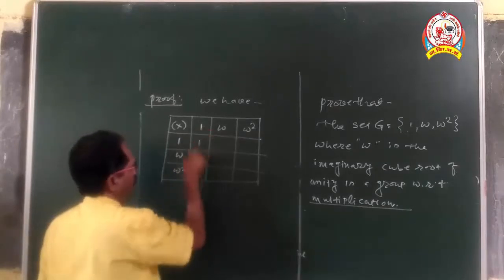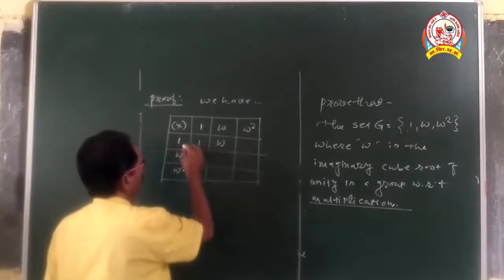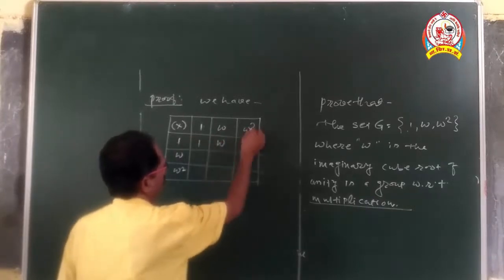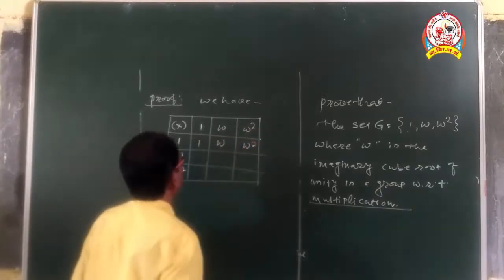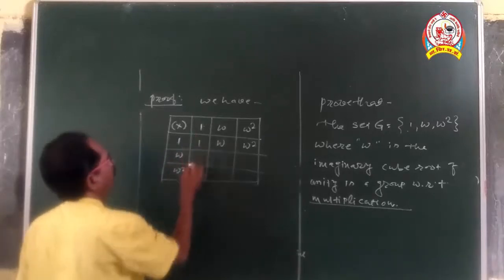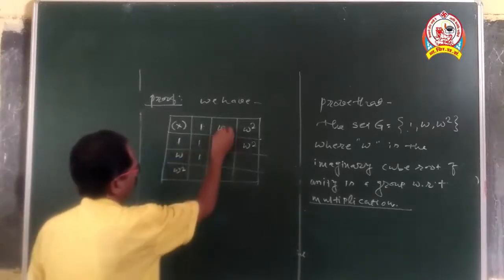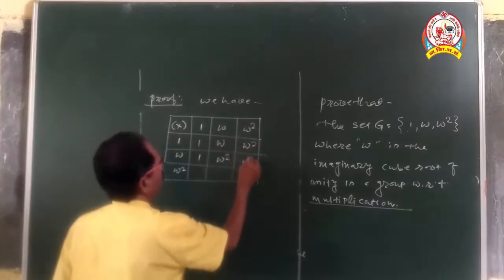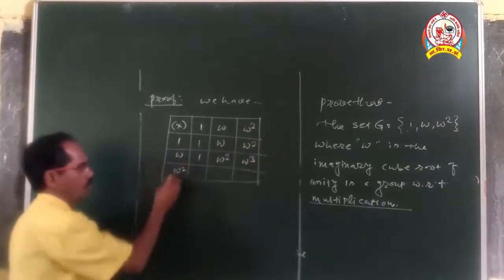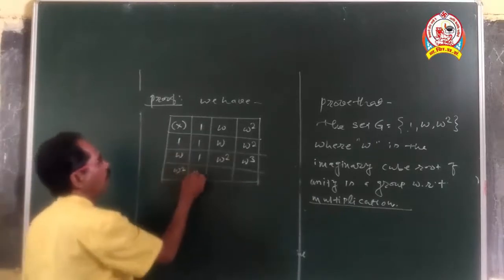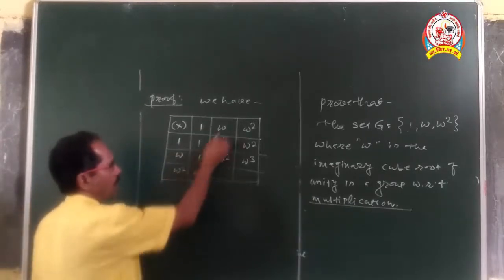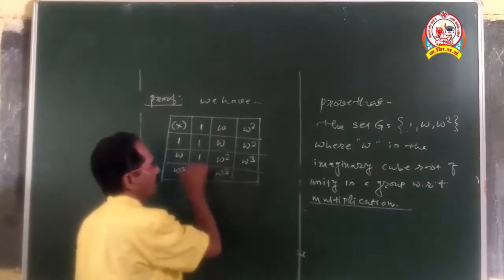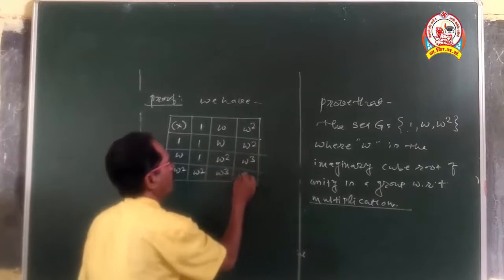So 1 into 1, 1 into omega, 1 into omega square; omega into 1, omega into omega, omega into omega square, omega cube; also omega square into 1, omega square into omega, omega cube, and omega square into omega square, omega raised to 4.